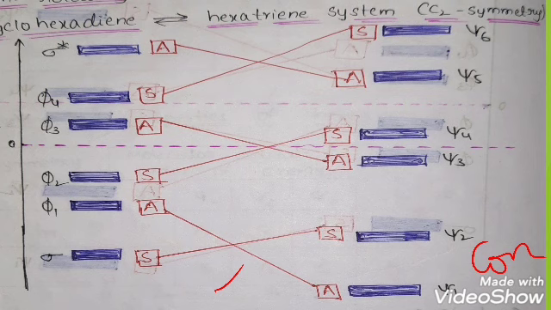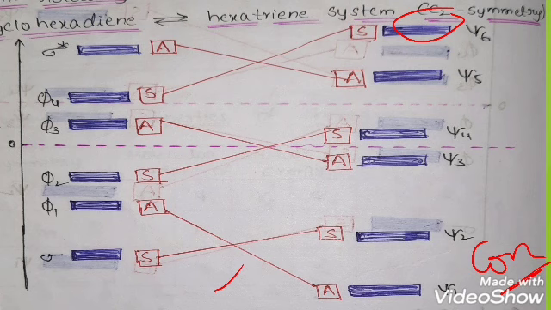During conrotation, the C2 axis of symmetry is maintained throughout the reaction.